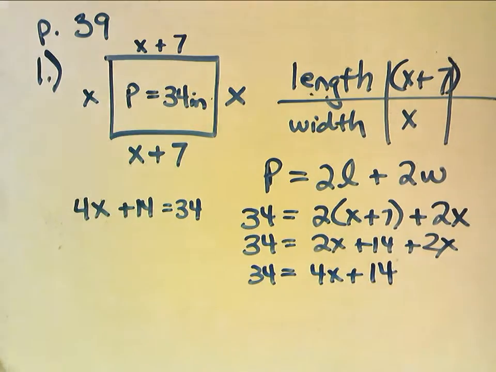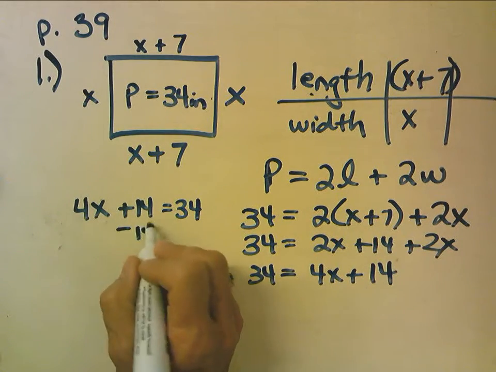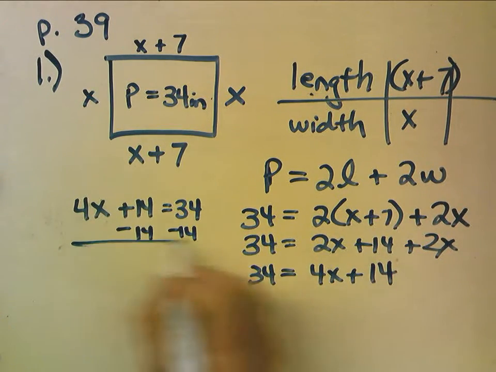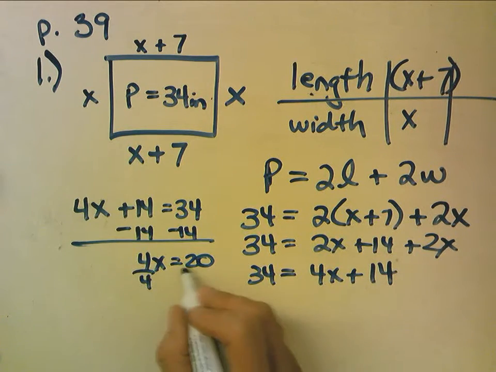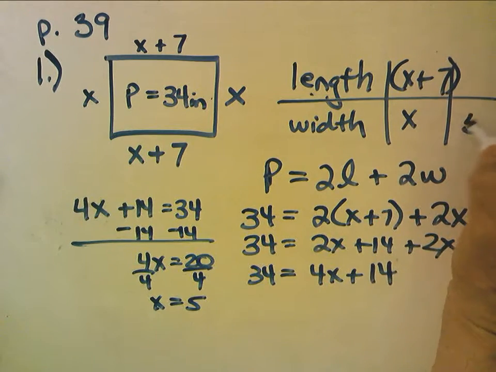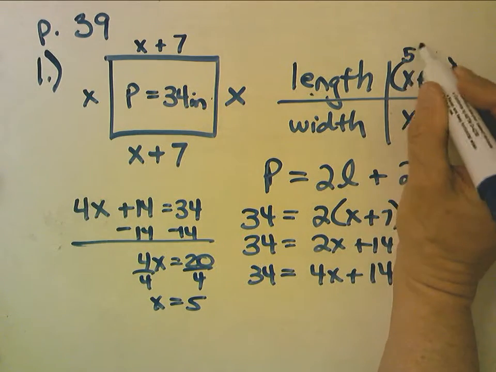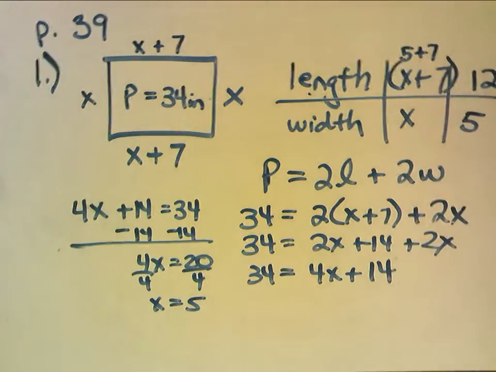So no matter which way you use, you get 4x plus 14 equals 34. We subtract 14 from both sides. 4x equals 20. Divide by 4, divide by 4. x equals 5. Now if x is 5, to get the length, I just substitute 5 for x, and I get 12.